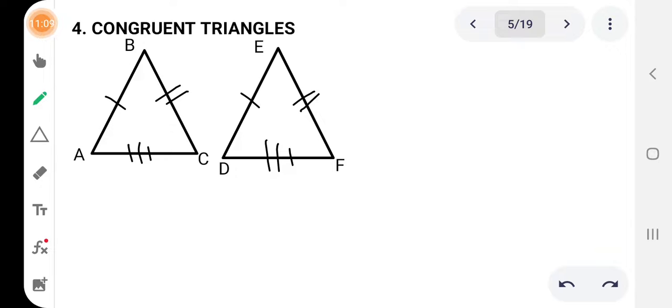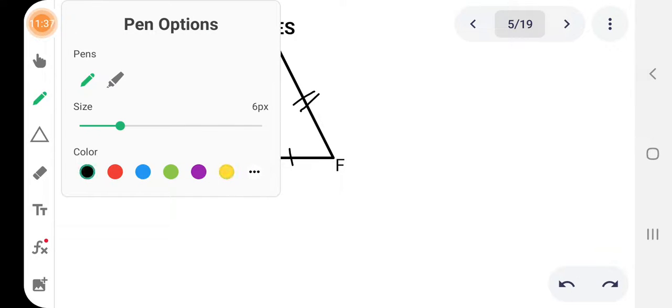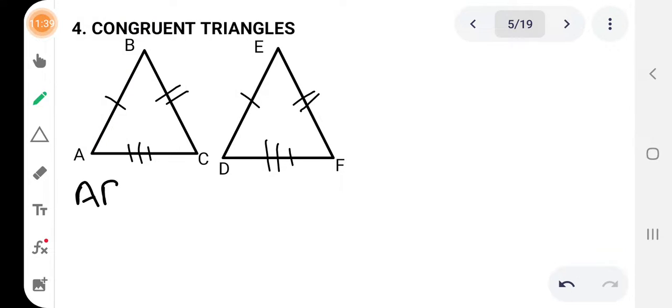Okay, so let's come to congruent triangles. When we say the triangles are congruent, the two triangles are exactly equal, which means if we take one triangle and put it on top of the other triangle, they are going to be exactly equal. So we know that AB is equal to CE.